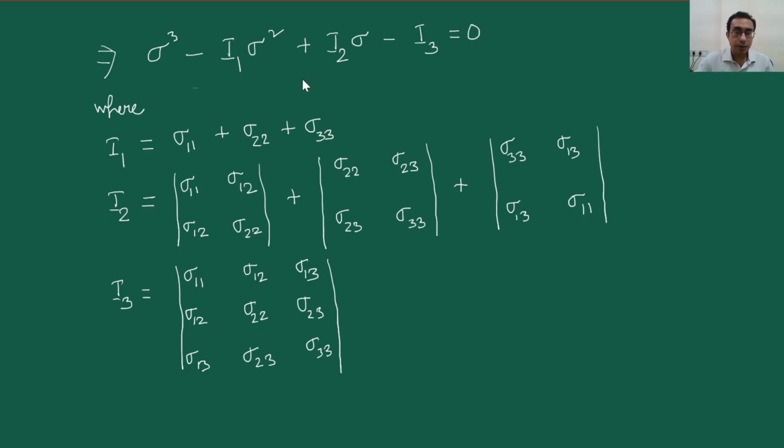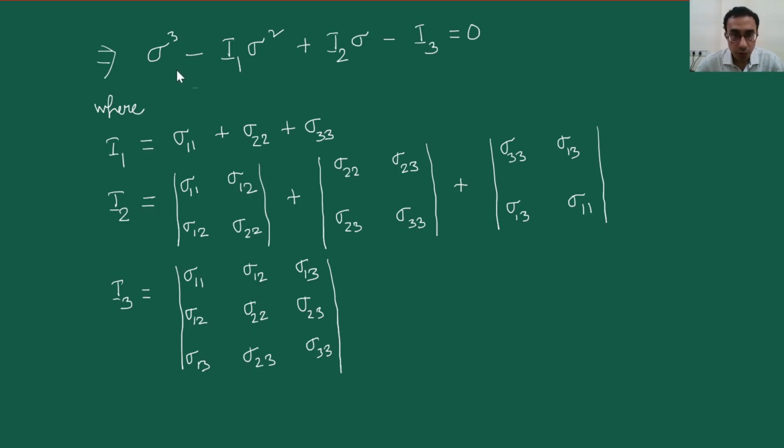It can happen that maybe one root or two roots are equal to each other. So we'll look at those special cases as part of the problem sheet, but let's say that we have these three distinct roots, and each of those roots, the different values of sigma, they will be the principal stresses.